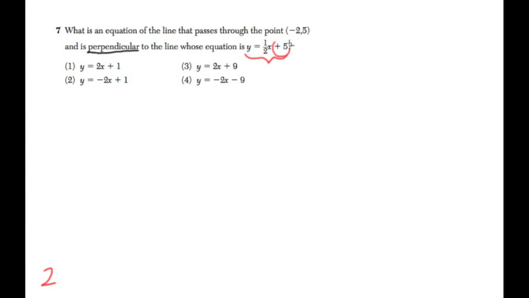So we're not going to focus on this plus 5 here. We'll just cross that out. We don't need it. But this 1/2 x here, we need that. Because we need the negative reciprocal of that. So if the slope is 1/2, then the negative reciprocal would be just -2. So our slope for the equation of our line is going to be -2.